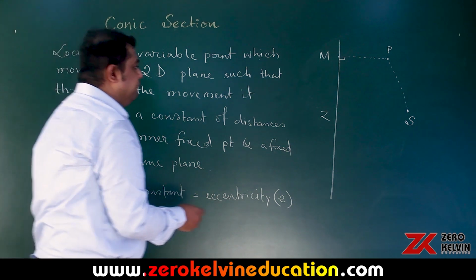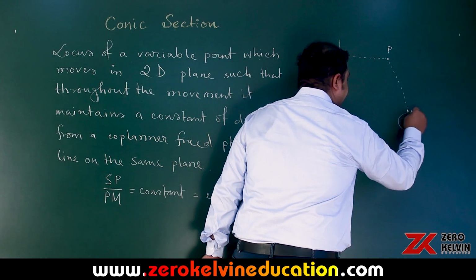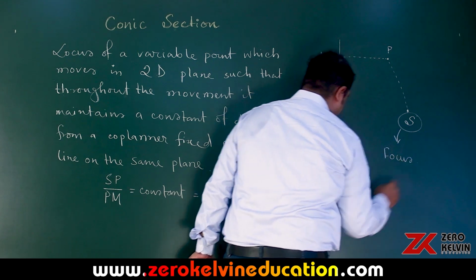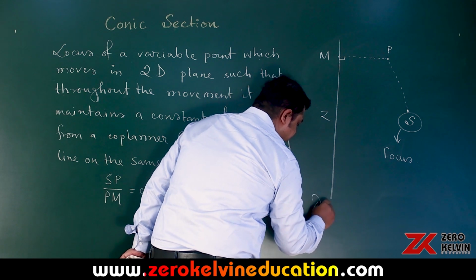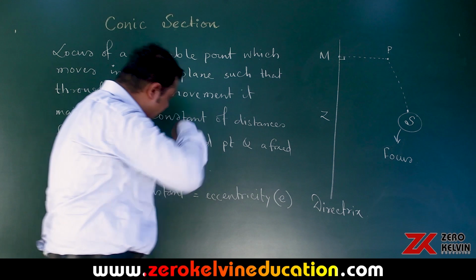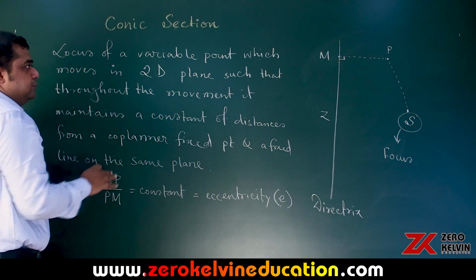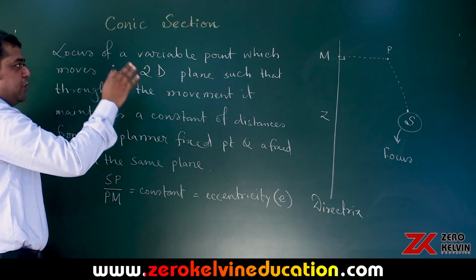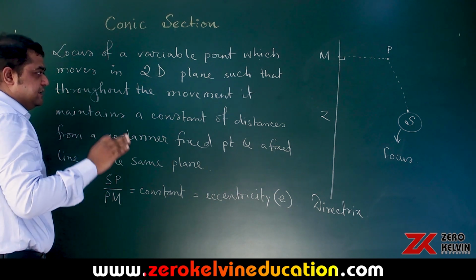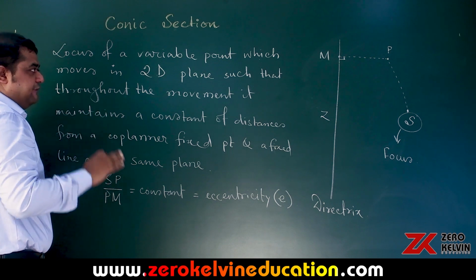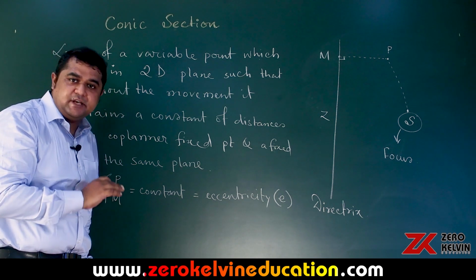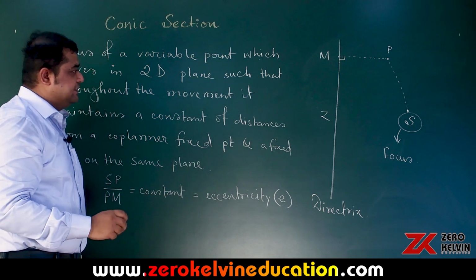The fixed point of reference is known as the focus and this line is known as the directrix. So, to generate a conic, a variable point moves in a two-dimensional plane such that its distance from the focus divided by its distance from the directrix maintains a constant ratio, which is called eccentricity.